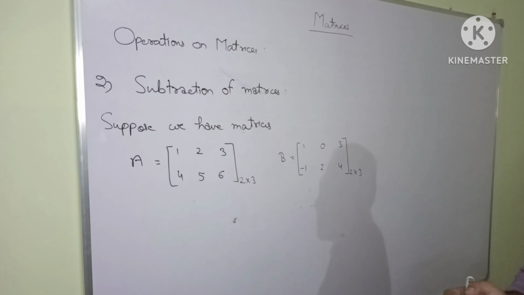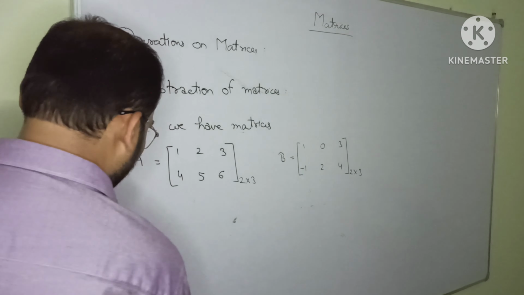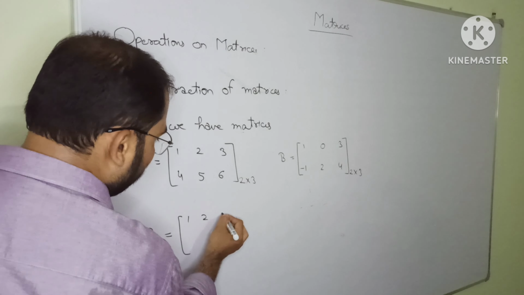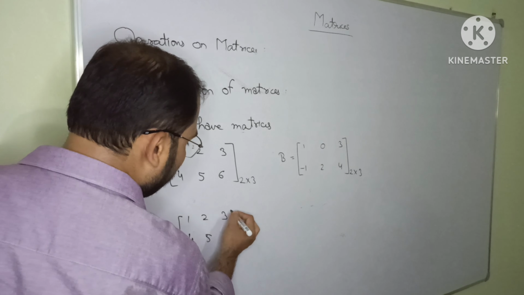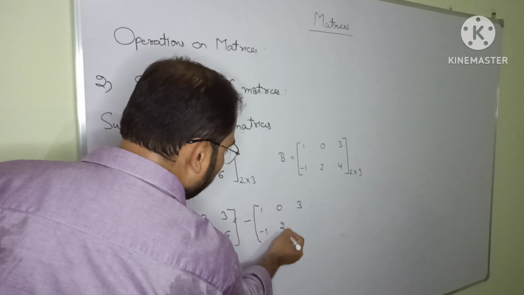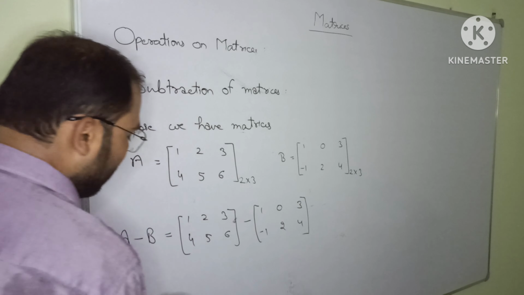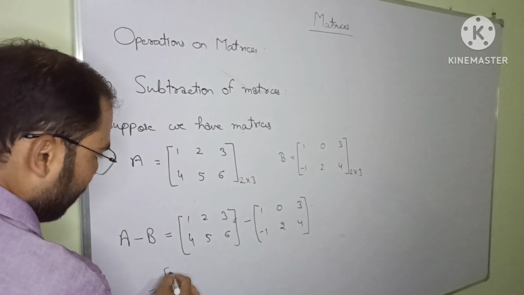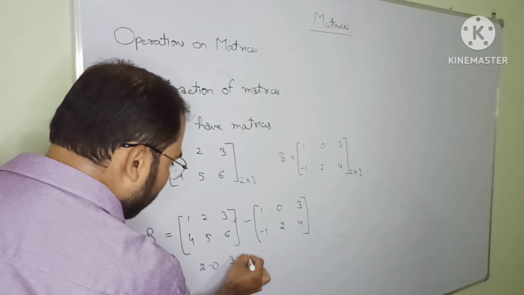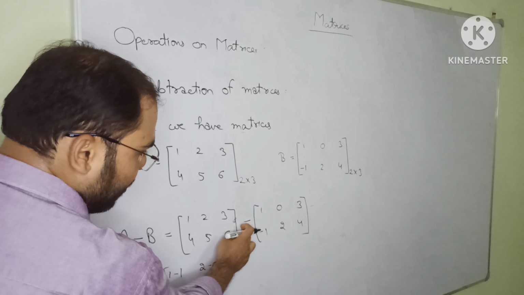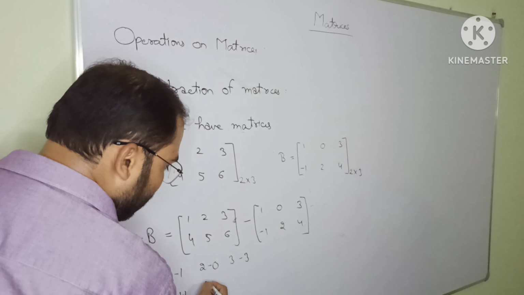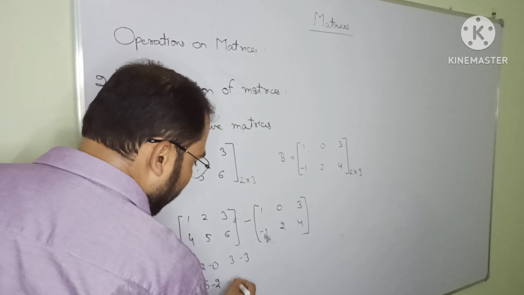We have to find A minus B. So A minus B is 1 minus 1, 2 minus 0, 3 minus 3, 4 minus minus 1, which becomes 4 plus 1, 5 minus 2 and 6 minus 4.